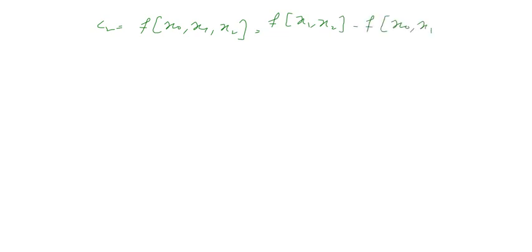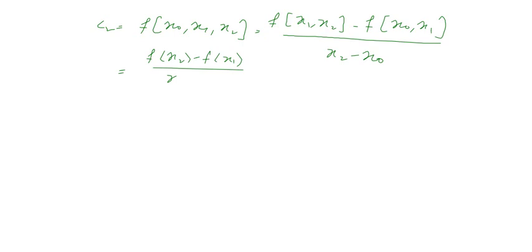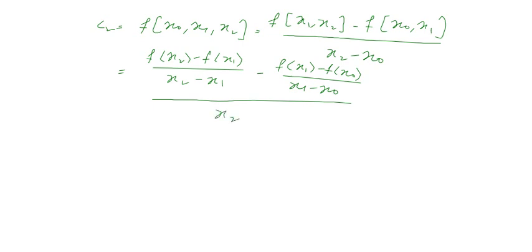So c2 is equal to f of x0, x1, x2. If you use the formula, that is f of x1, x2 minus f of x0, x1, divided by x2 minus x0. So you need to determine f of x1, x2, which is f of x2 minus f of x1 divided by x2 minus x1, minus f of x1 minus f of x0 divided by x1 minus x0, all divided by x2 minus x0.